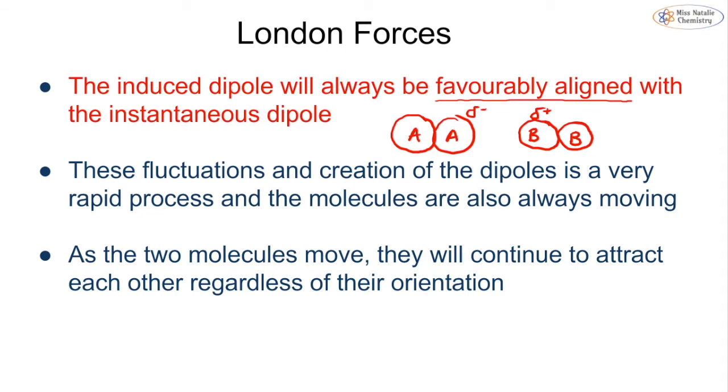So when the molecules are always moving, regardless of how they move within your substance, they will continue to attract each other, because dipole A may be lost, that instantaneous dipole may be lost because my electrons go back to being symmetrical, but that doesn't mean that molecule C has not had an instantaneous dipole. So all the molecules within your substance will constantly be making instantaneous or induced dipoles. They would just be forming and reforming each time.